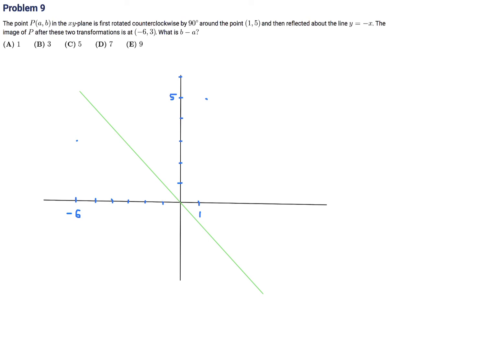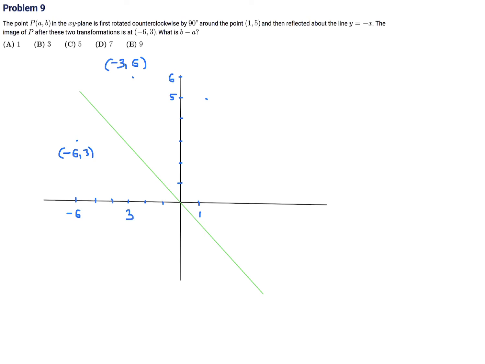It would probably be here, approximately, right? Because it's going to reflect just like a mirror reflection. And therefore, this point up here would be (-3, 6), like that. You can sort of deduce that just from the graph itself, since that is 6 and this is 3.